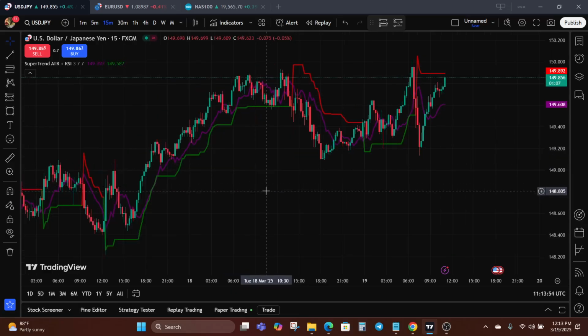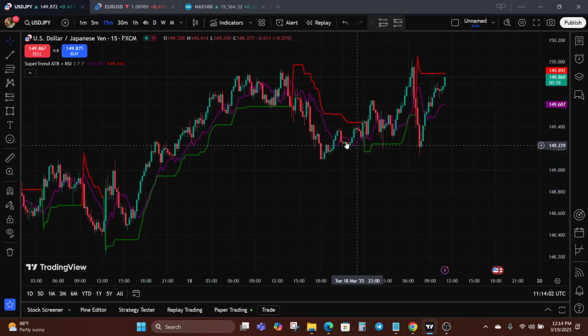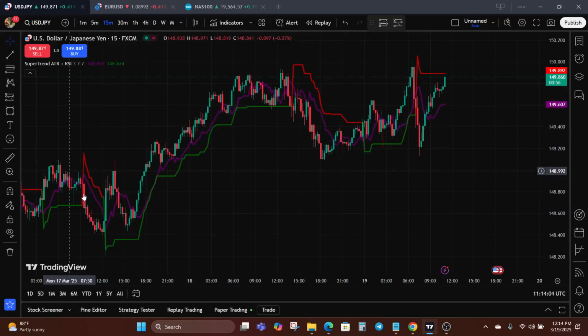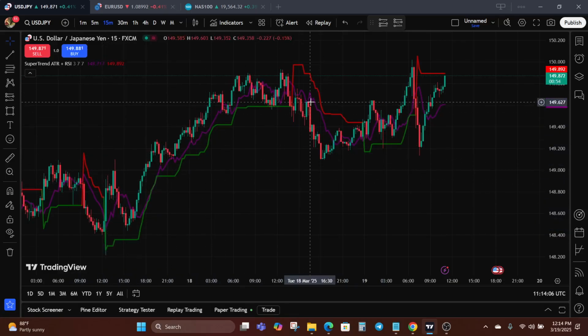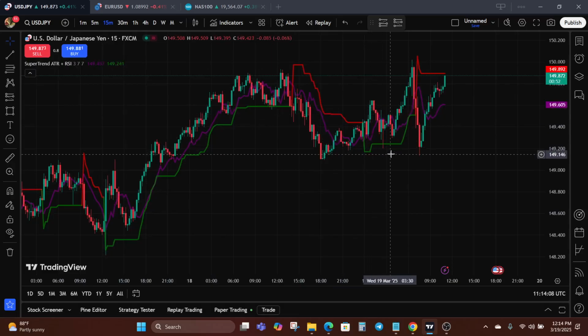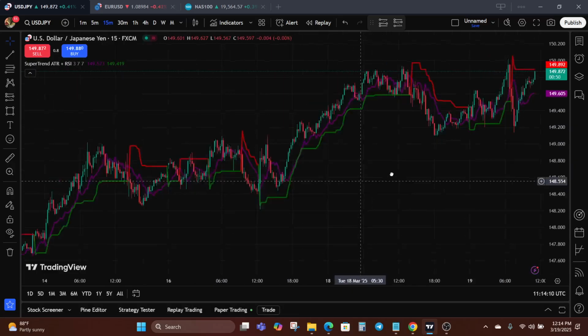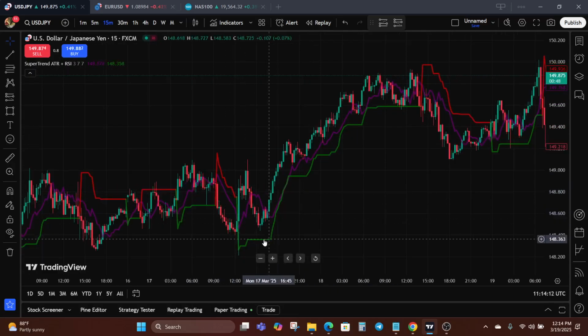And then you watch out for the coloring of the indicator. You will notice that the purple remains the same, but the green changes to red and back to green. Whenever you have the color in green, it shows that bullish momentum is prevailing.